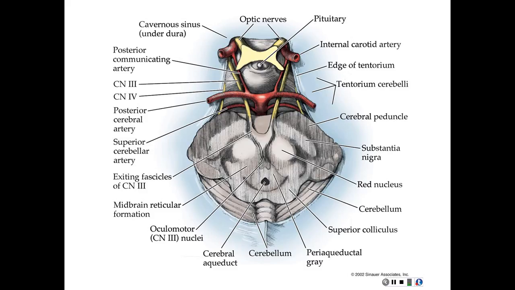Just posterior to all this is the superior colliculus, in which we find those pretectal neurons that are innervating the Edinger-Westphal neurons. There's oculomotor, as close to the midline as we can possibly get. And that's our major cranial nerve associated with this level of the brainstem, the midbrain.